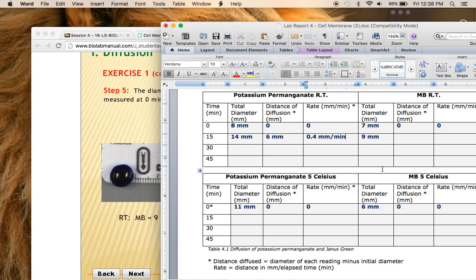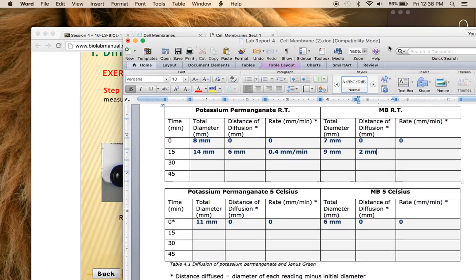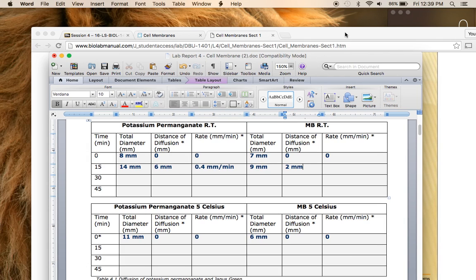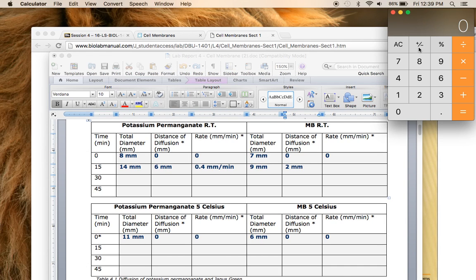All right, let's look at the methylene blue one. So if we had a total diameter of 7 initially, and then we went up to 9, then the difference there would be 2 millimeters. And pull up the calculator here.